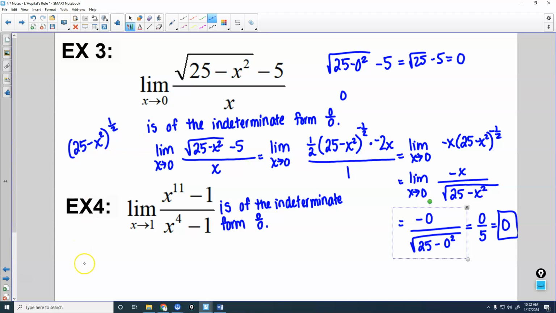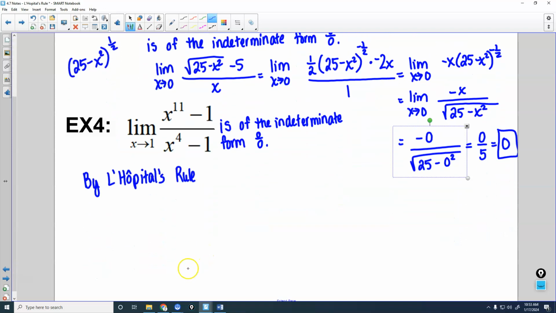I forgot to put by L'Hopital's on the last problem. By L'Hopital's rule. So by L'Hopital's rule, the limit as x approaches 1 of x to the 11th minus 1 over x to the 4th minus 1 is going to equal 11x to the 10th.